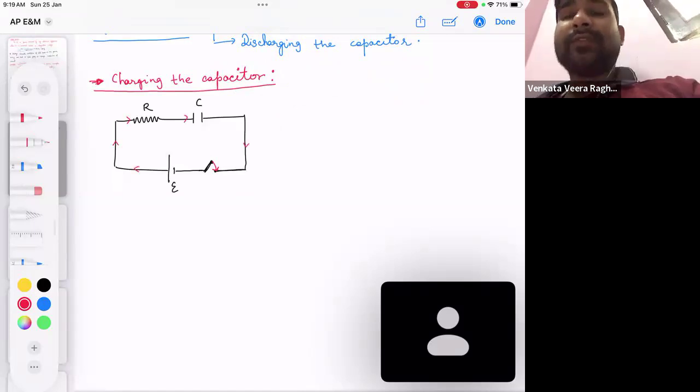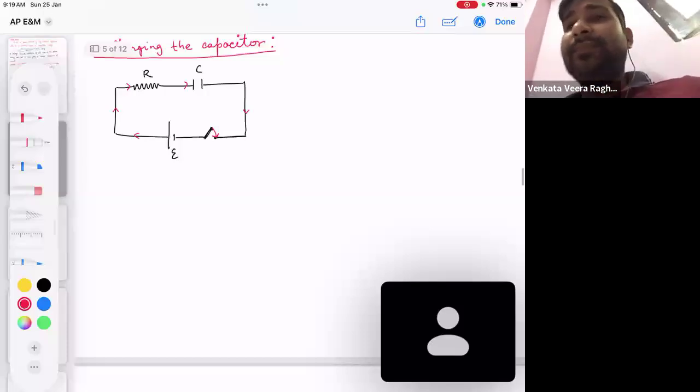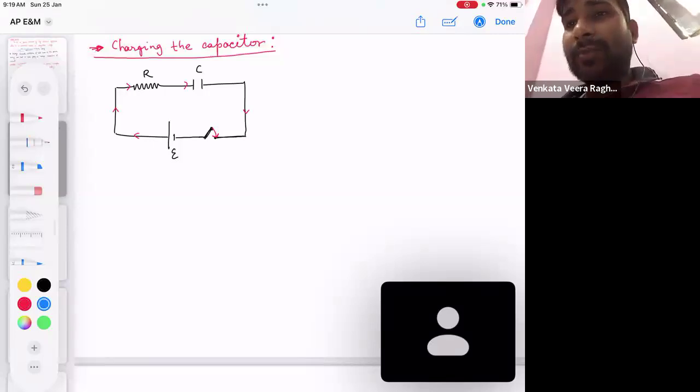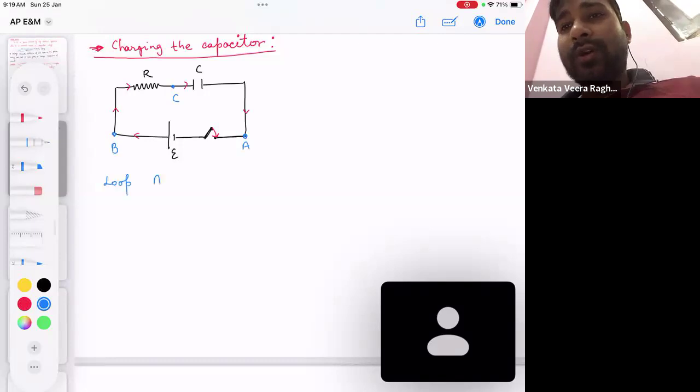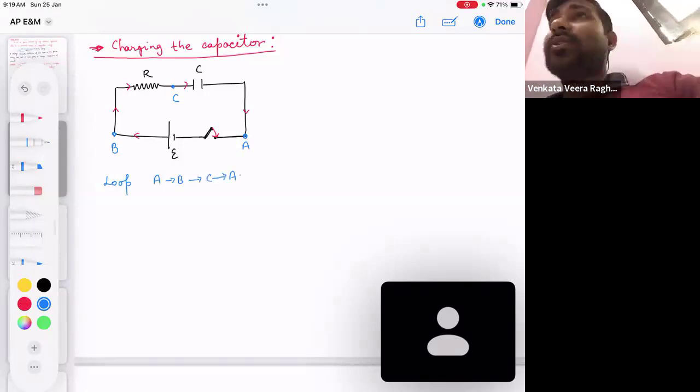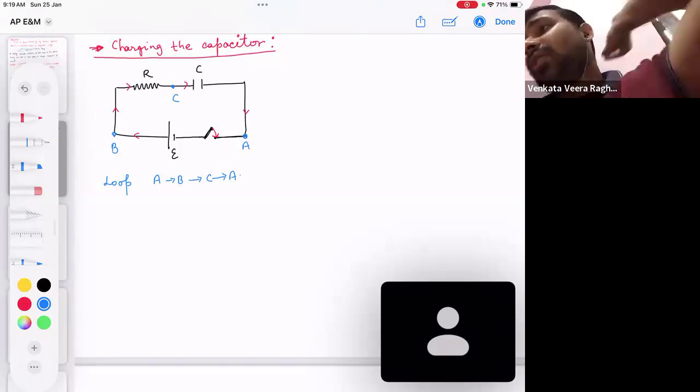This is how it will flow, isn't it? If I want to find the charge on the capacitor as a function of time, we should apply the loop law. I'm going to apply the loop law from A, to B, then C, and then again back to A. Do you remember Kirchhoff's voltage law?